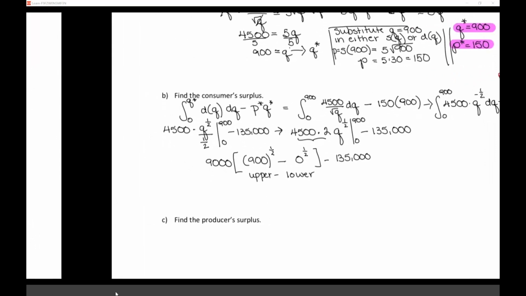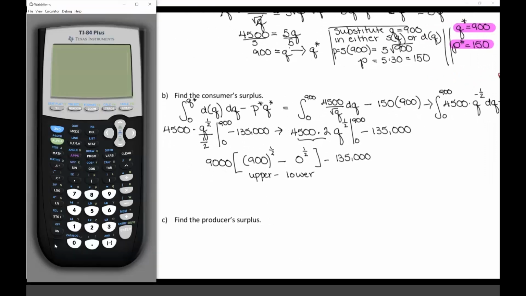So I'm going to share my TI with you, and I'm just going to type that in. So I have 9,000 times 900 to the 1/2, minus 0 to the 1/2. And again, I do realize you can do a lot of this in your head.